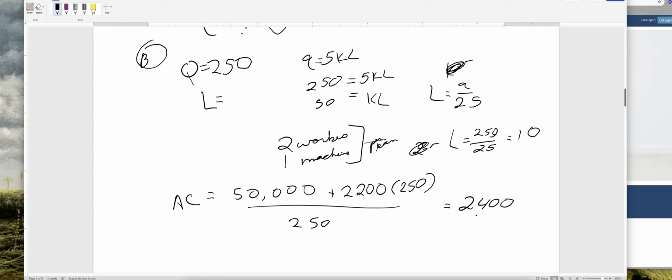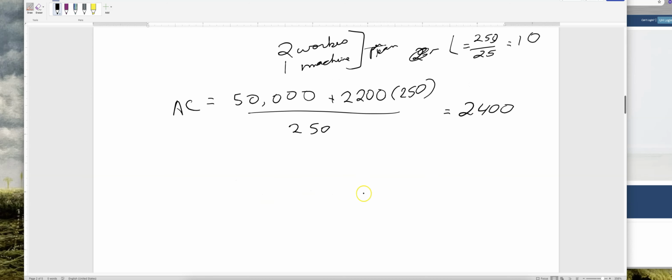And then in letter C, we're asked if they are being cost efficient. Well, what do we know would be true if they were being cost efficient? If they were being cost efficient, then this would be true.